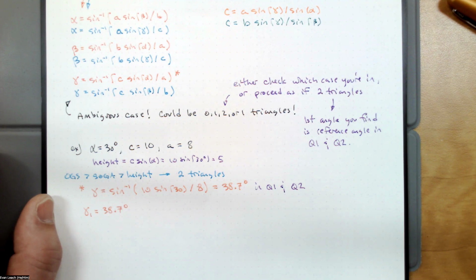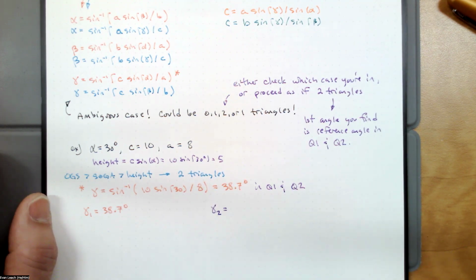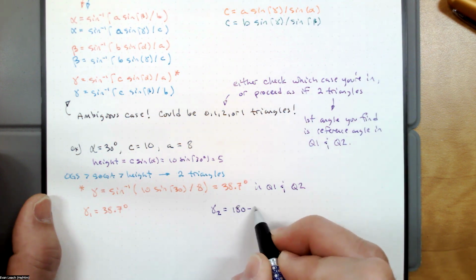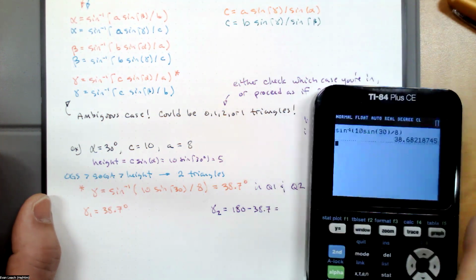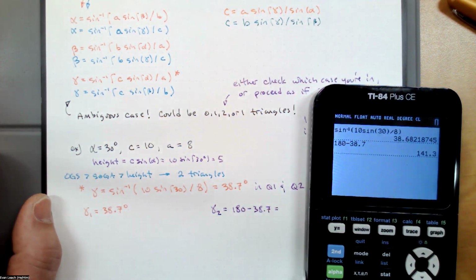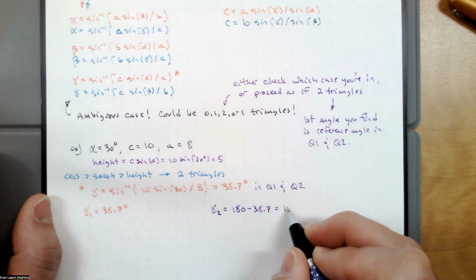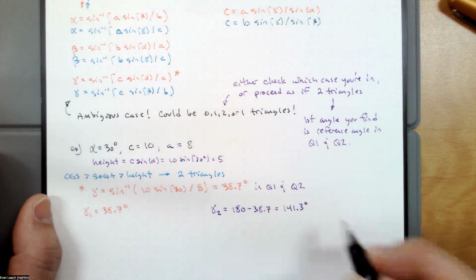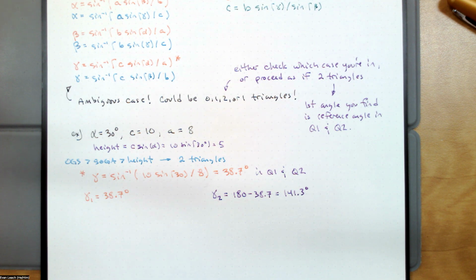Then over here, I'm just going to write another gamma in quadrant 2 of 180 minus 38.7, 141.3. Problem just doubled in size.